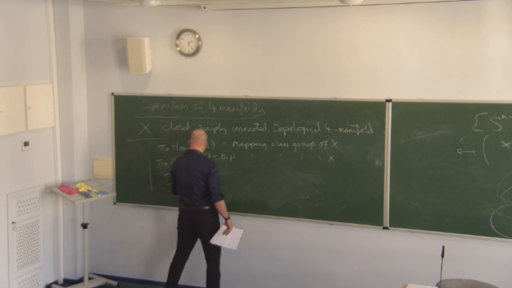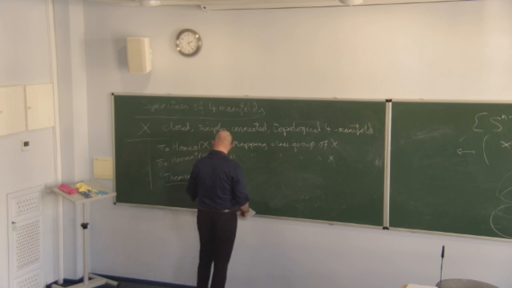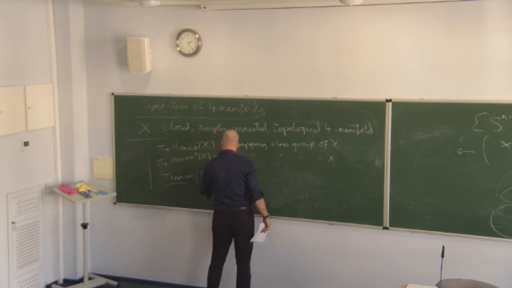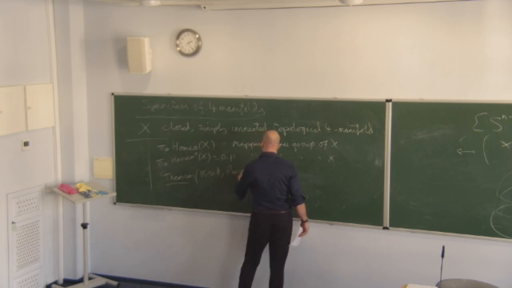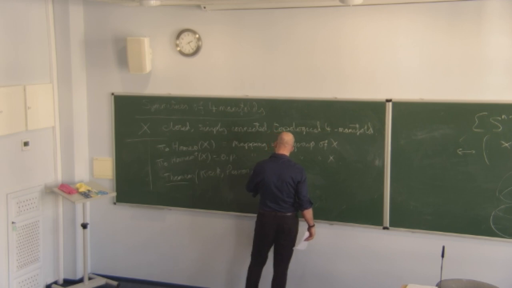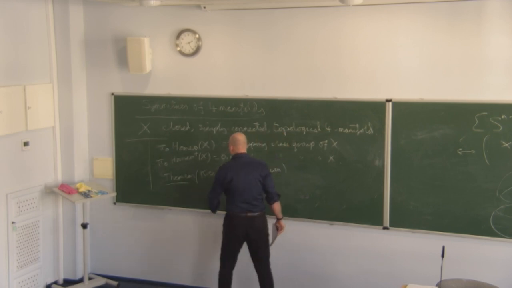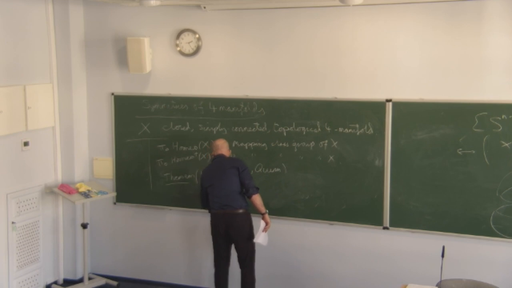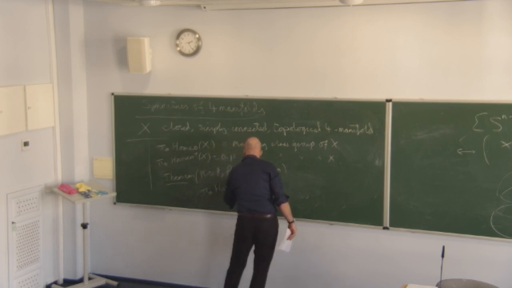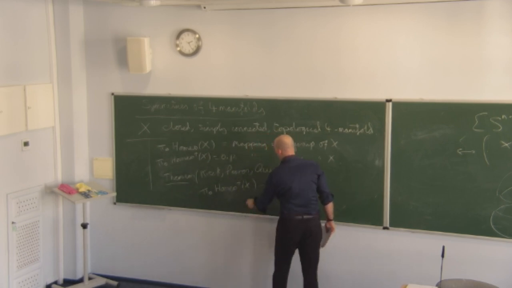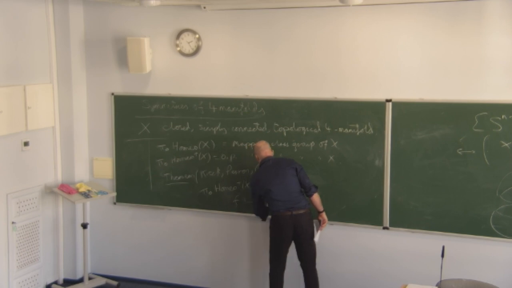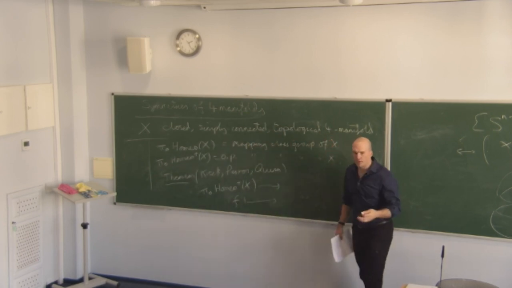So the theorem, which is quite old, is due to Cerf, Perron and Quinn, I would say. I'm going to think about the orientation preserving one, and given a homeomorphism, what I can do is take the induced map on second homology.